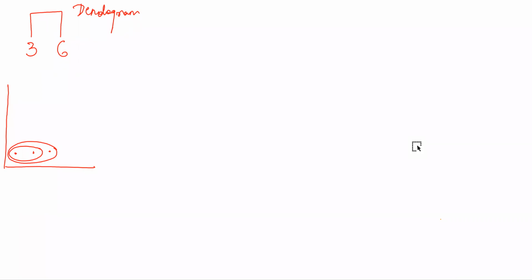I will recalculate the D matrix, that is the distance matrix. I'll just write that distance matrix over here.